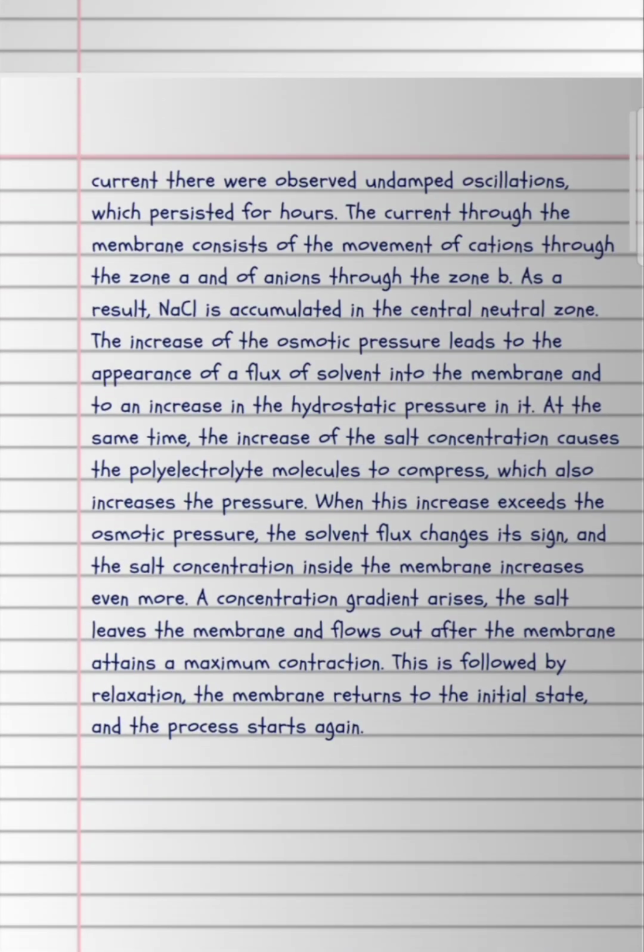The current through the membrane consists of a movement of cations through zone A and anions through zone B. As a result, NaCl is accumulated in the central neutral zone. The increase of the osmotic pressure leads to the appearance of a solvent flux into the membrane and an increase in hydrostatic pressure.